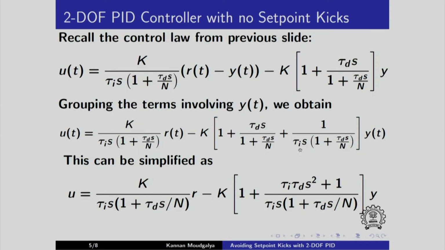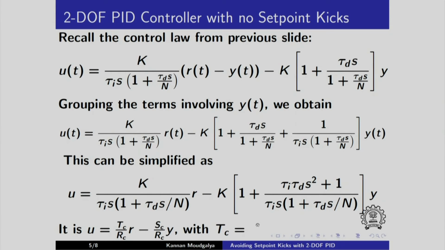We can verify this. This is of the form U equals Tc by Rc into R minus Sc by Rc into Y, the standard 2DOF form. So this is Tc, this is Rc, and similarly you can get Sc here and Rc is the same.